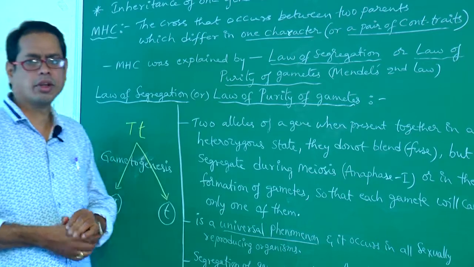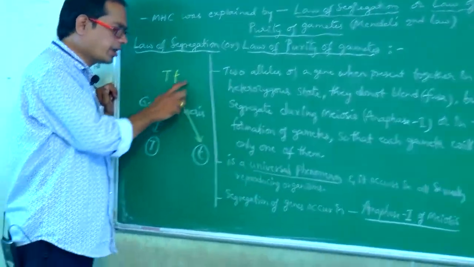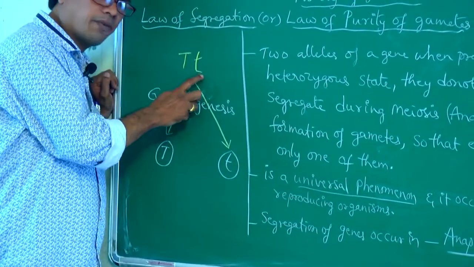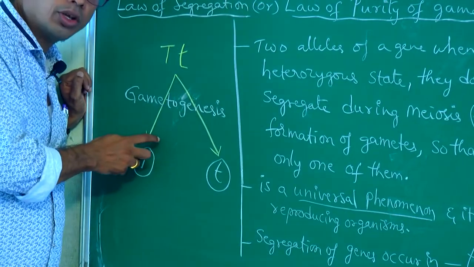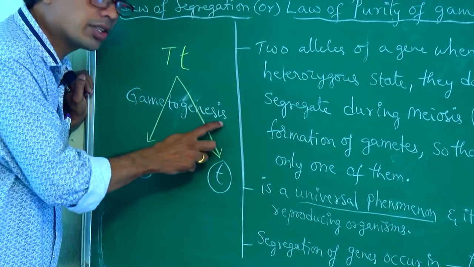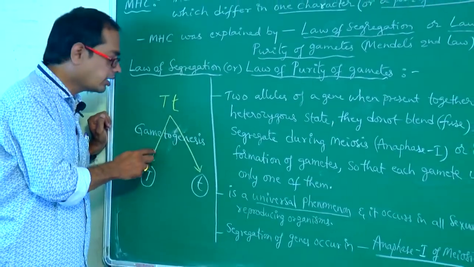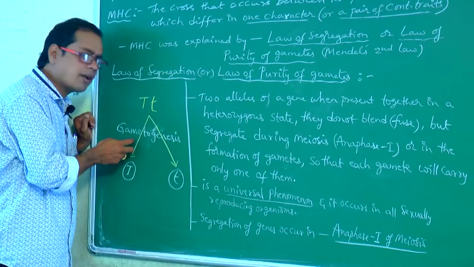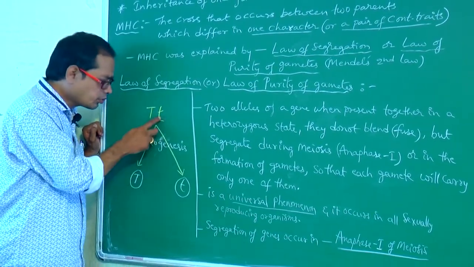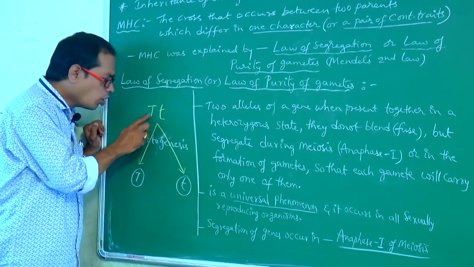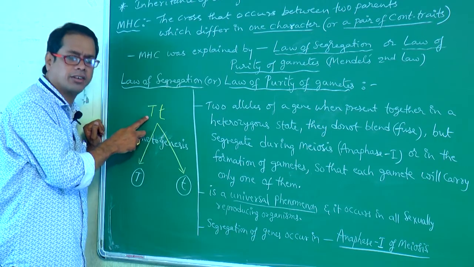What does it mean? When two plants are crossed with each other, this one is F1 hybrid. During gametogenesis, that is during the formation of gametes, capital T is one gamete, small t another gamete. How many alleles are there here? Each letter is called allele.